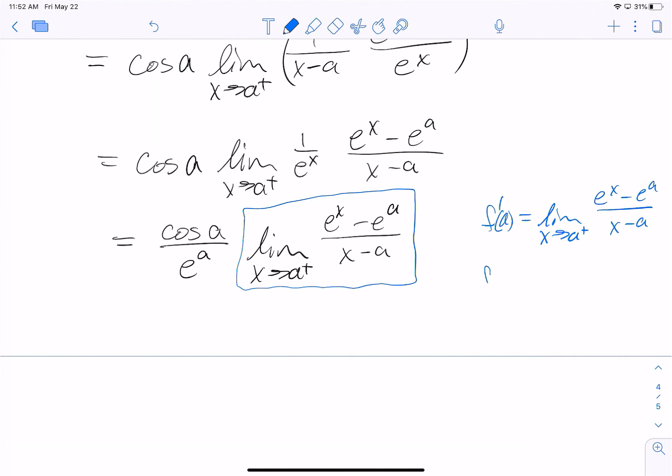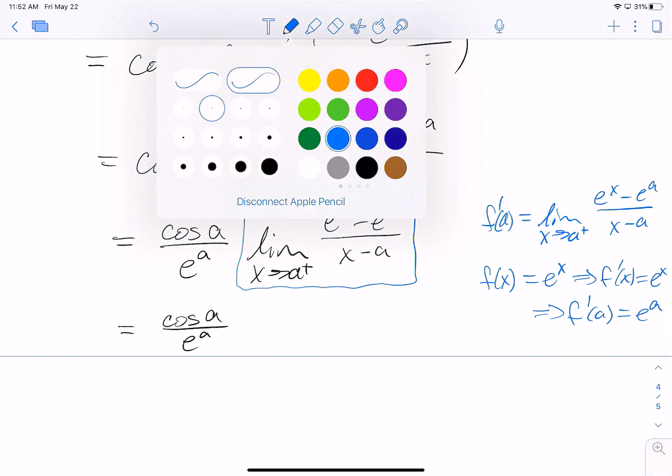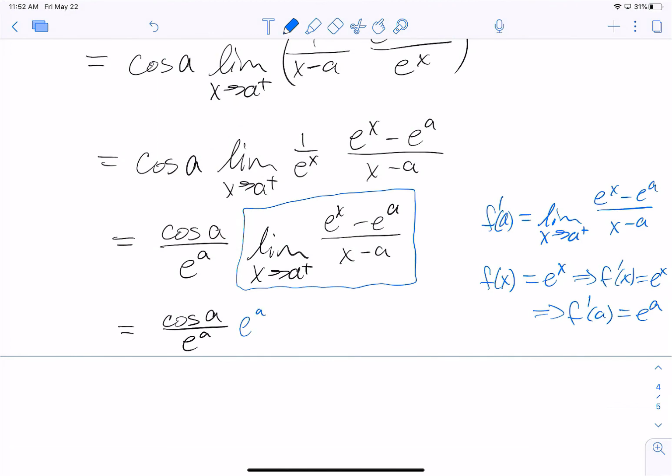In this case, f(x) is e^x, which means that f'(x) is also e^x. And so f'(a) is e^a. So this whole thing becomes the cosine of a divided by e^a times e^a. The e^a's, of course, divide out. Our answer here is the cosine of a.